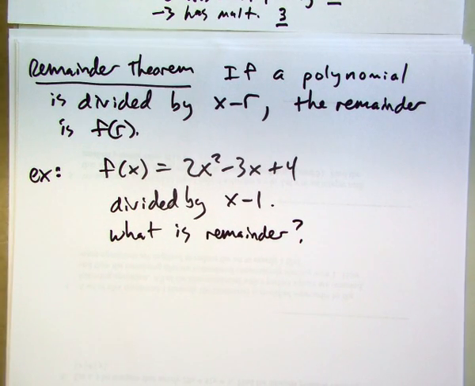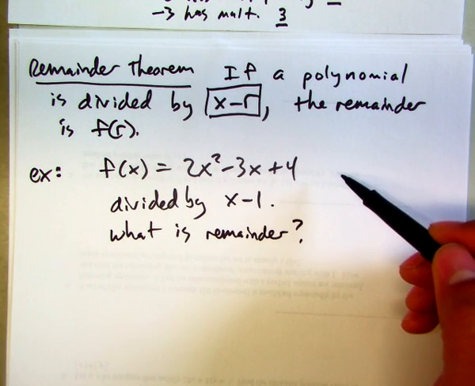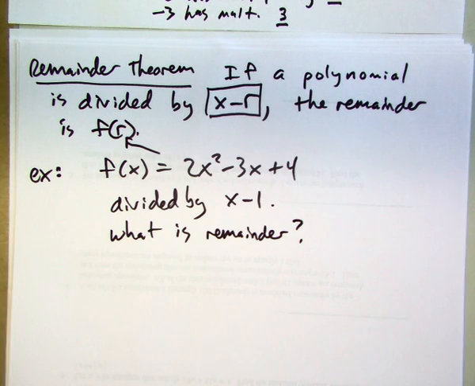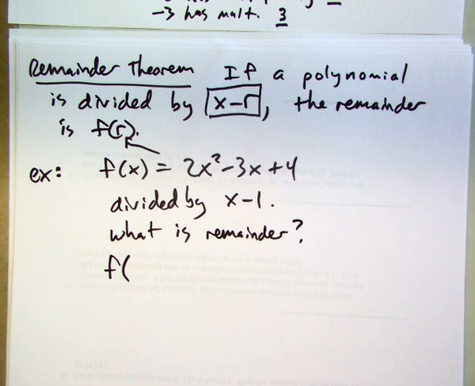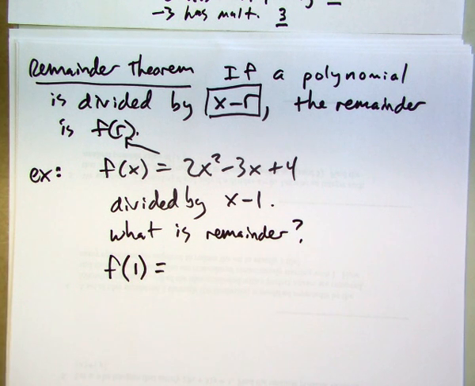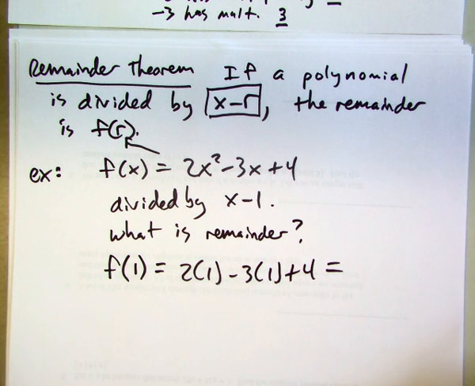According to the remainder theorem, if I'm dividing by x minus r, if I want to find the remainder, all I have to do is plug in r. So all I have to do is figure out f of what? Not f of x minus 1, f of 1. So this is just 2 times 1 minus 3 times 1 plus 4. 2 minus 3 plus 4 is 3. So 3 is the remainder.